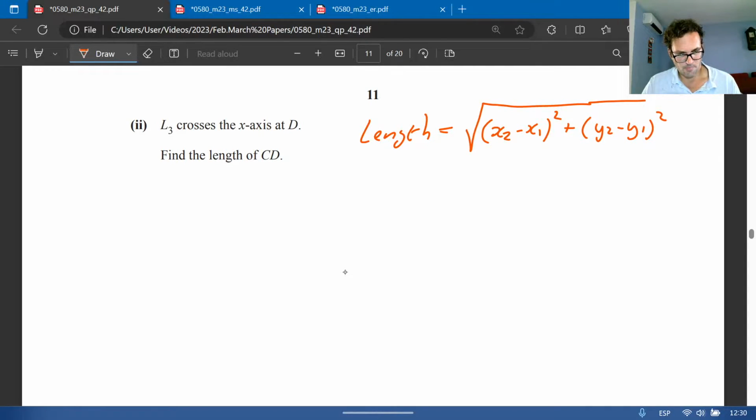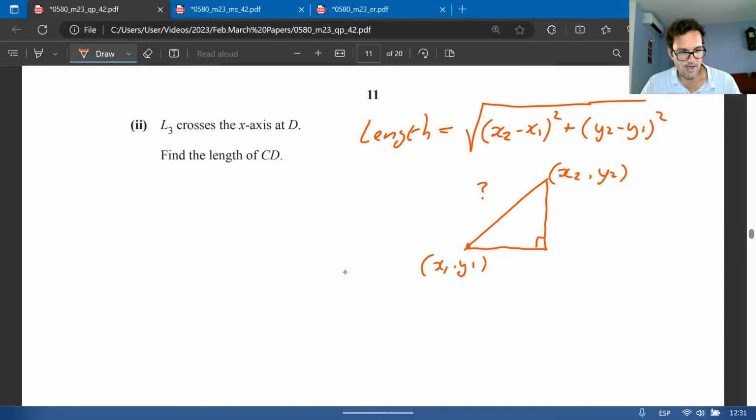Why? Because if you've got a line segment and you've got an x value here, let's call it x2 and y2, and another point here, let's call it x1 and y1.